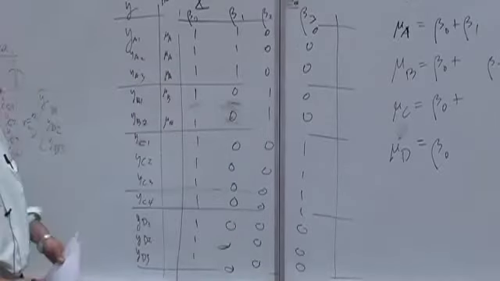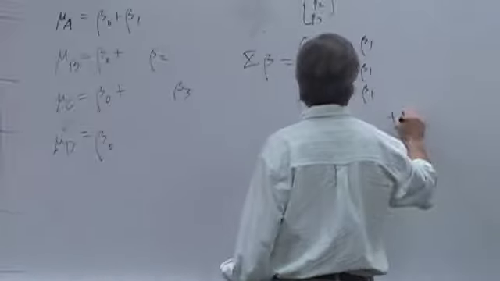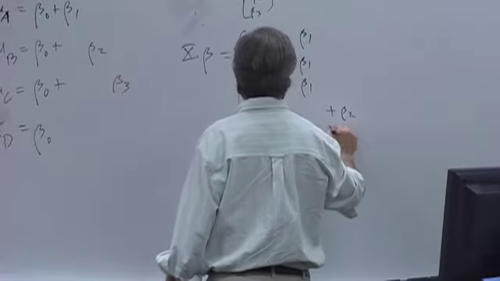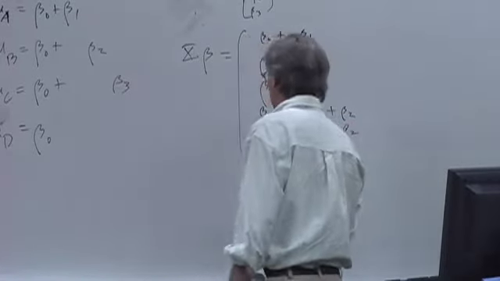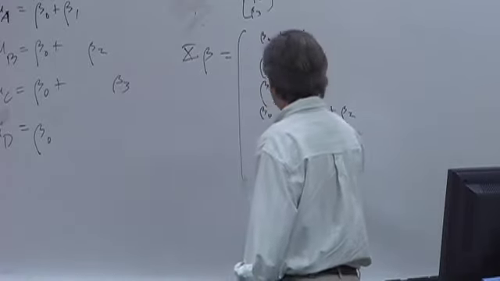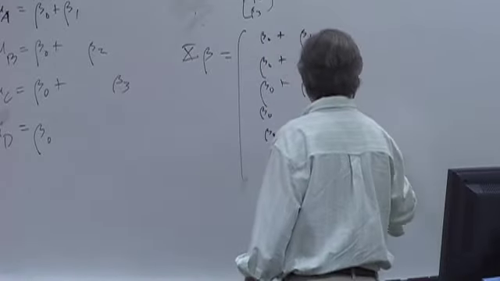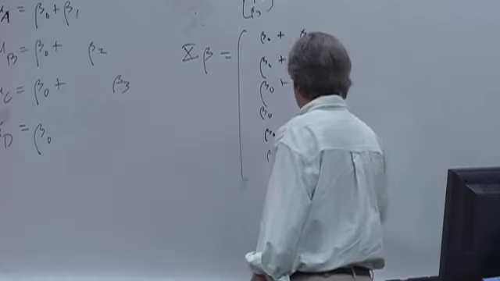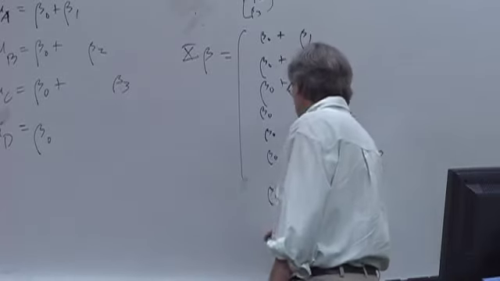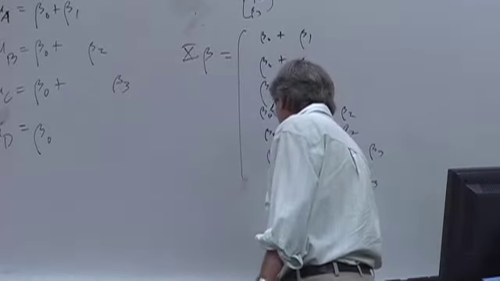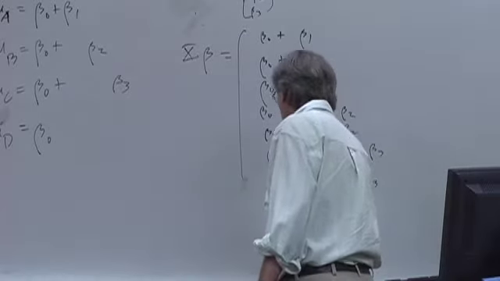X beta therefore looks like beta 0 plus beta 1, beta 0 plus beta 1, beta 0 plus beta 1, and then it looks like beta 0 plus beta 2, beta 0 plus beta 2, and then beta 0 plus beta 3 4 times, etc. And then finally it just looks like beta 0, beta 0, beta 0. Okay? So that's actually what it looks like.